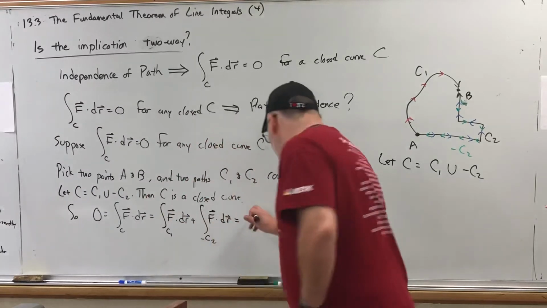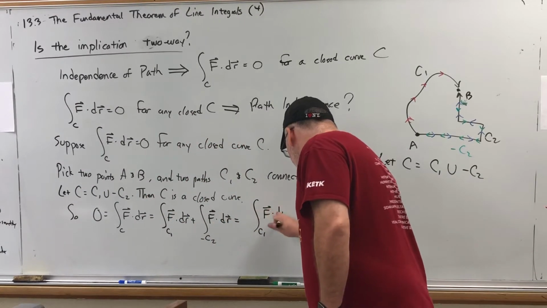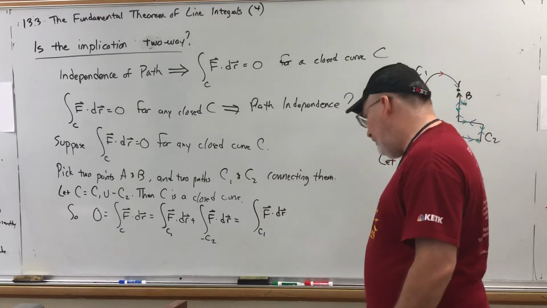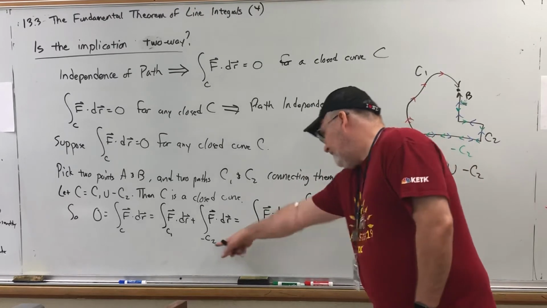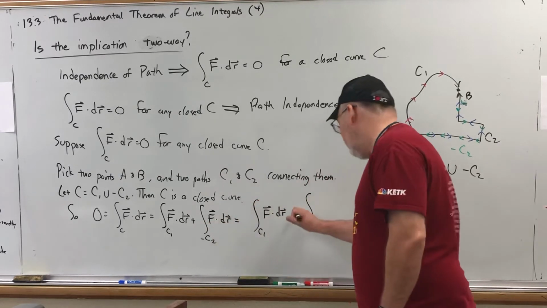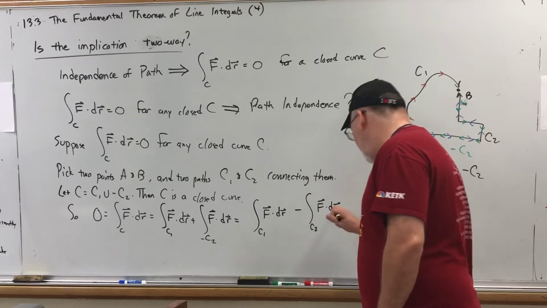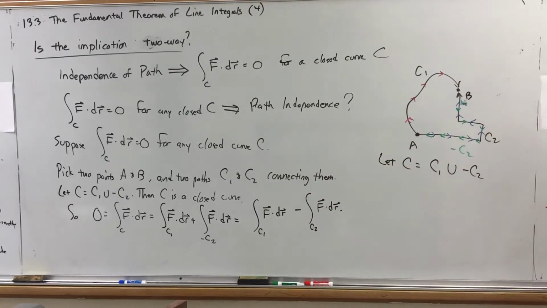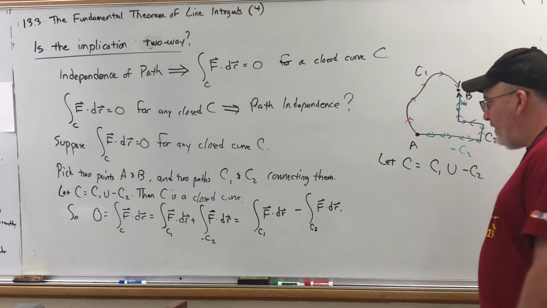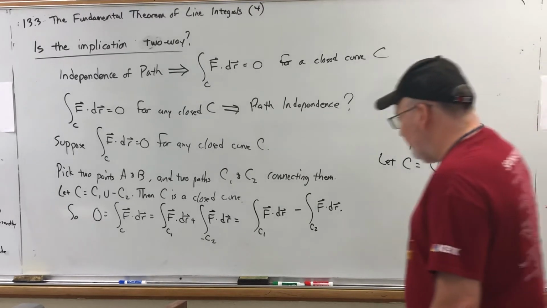So if we leave the first line integral alone, and change the orientation of this back to C2, which will change the sign of its integral, we get that the integral over the path C1 minus the integral over the path C2 is equal to 0.